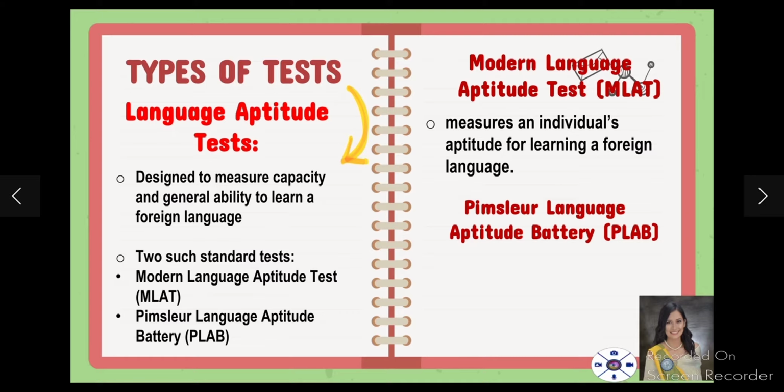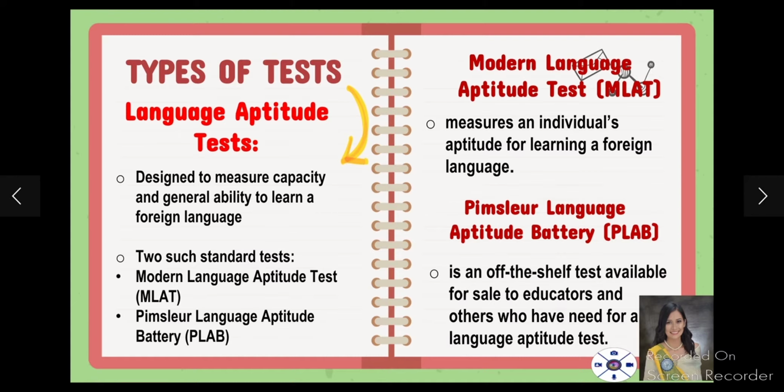So, next one is the Pimsleur Language Aptitude Battery, or the PLAB. This is an off-the-shelf test available for sale to educators and others who have need of a language aptitude test.